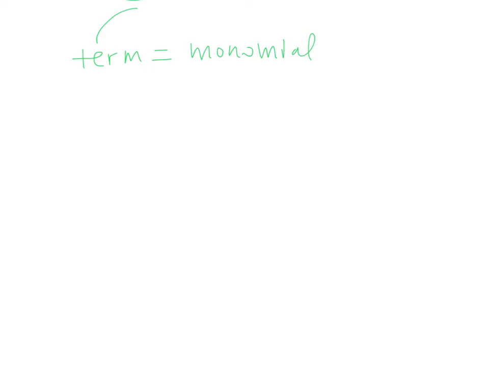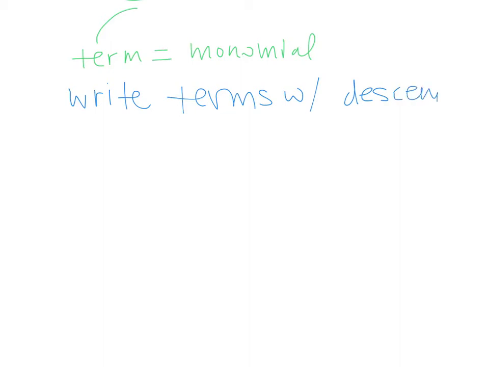Next thing is typically we write the terms with descending degree. So the polynomial example that I gave is written in that way. And if they are, then that helps with the next definition.